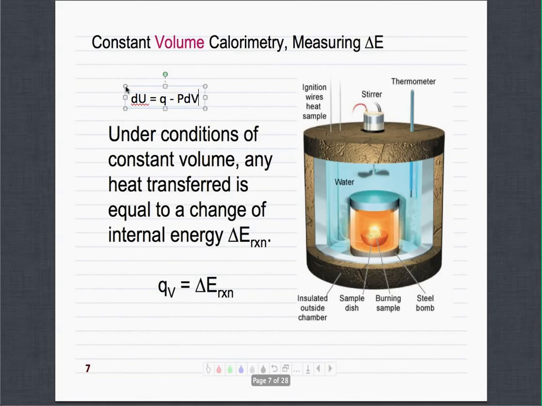And if the volume is constant, that means the work is 0, which implies that delta U equals Q, which is the heat. So the heat that we measured at constant volume, this is why we call it Q_V, equals the internal energy.